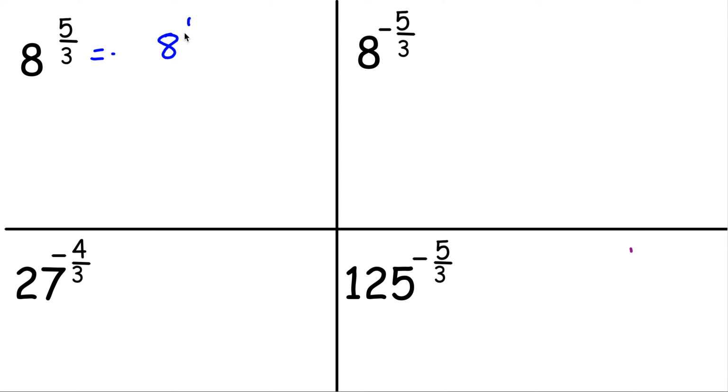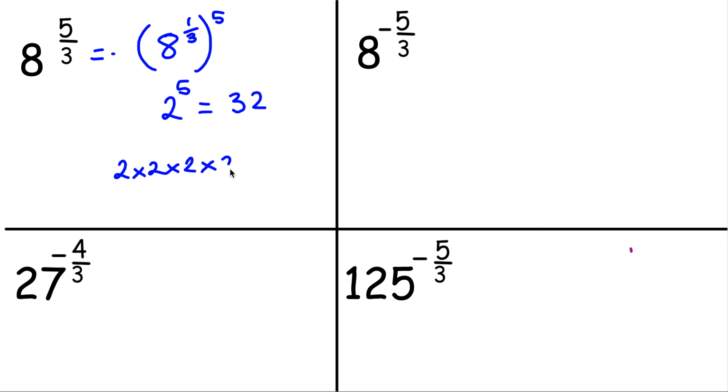So I need to keep the 1/3 inside the bracket and leave the 5 on the outside. 8 to the power of 1/3 is 2. 2 to the power of 5 is 32. Okay, just make sure you do 2 times by 2, which is 4, times by another 2, which is 8, times by another 2, which is 16, times by another 2 is 32.